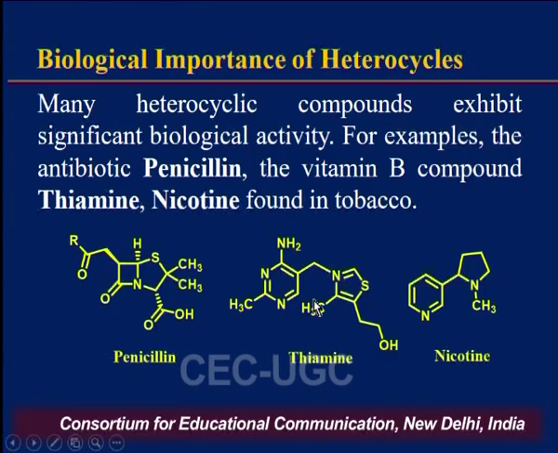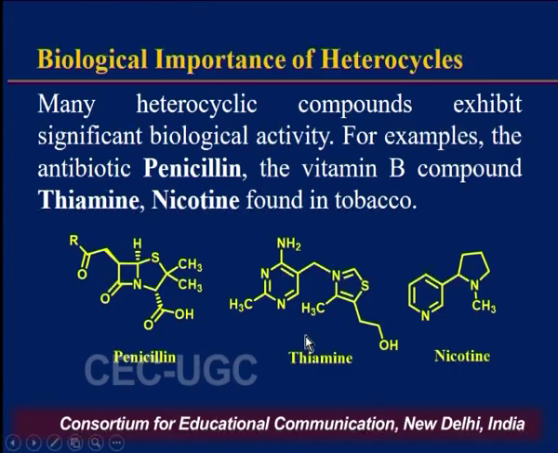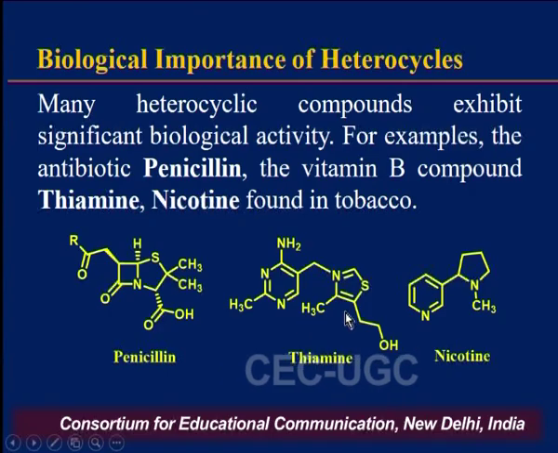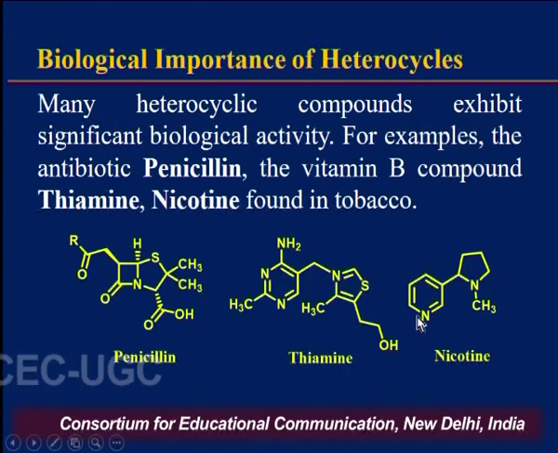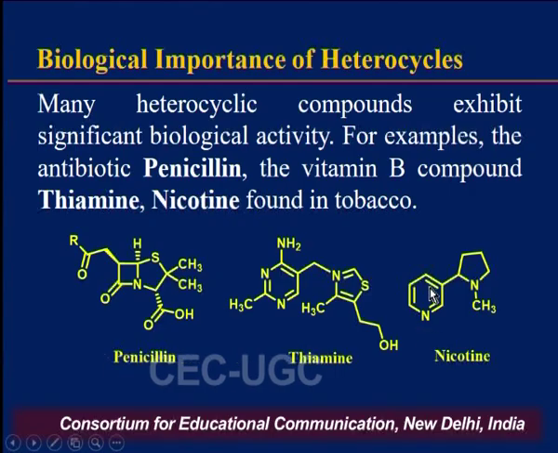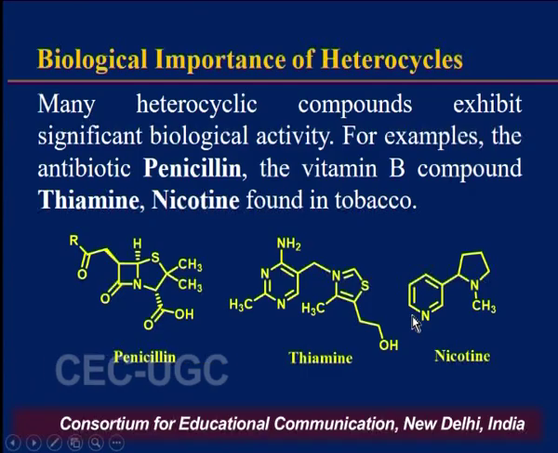We know very well the importance of vitamin B, which is essential for our body. The third example in the medical field is nicotine. Nicotine is again a heterocyclic compound which has pyridine as one heterocyclic ring and pyrrole also as a heterocyclic ring. Nicotine is found in tobacco.